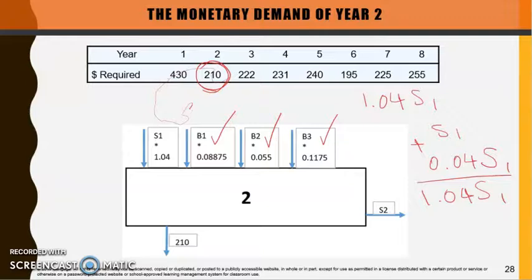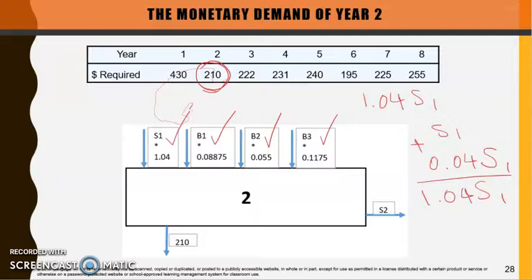So it is calculated as 1.04 S1. So all these things are the incomes you have. And how much you need to pay? 210. It is the cost that you have. Also, you have another thing: the money that you want to invest in the saving account another time.